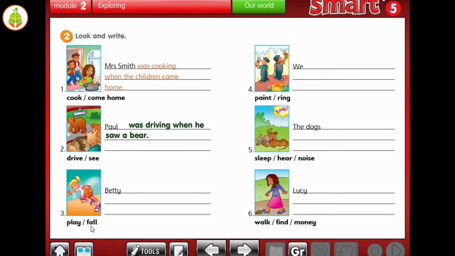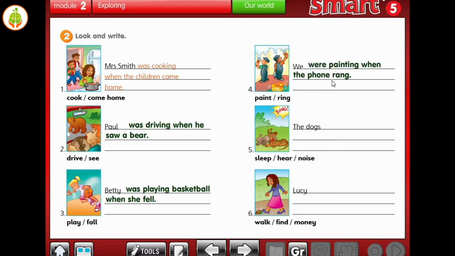Patty, play, fall. So Patty was playing when she fell. Patty was playing what? Basketball. When she fell. Number 4. We paint. We were painting when the phone rang.